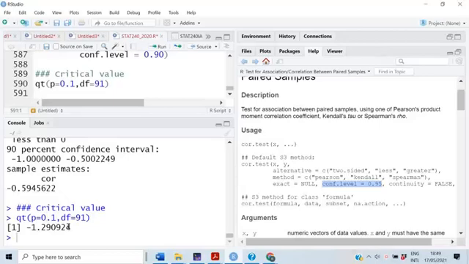The confidence interval is between, and remember this is correlation. Correlation ends at -1, right? So we cannot have an interval that starts from -2 because it is a value between -1 and 1. So you see, the 90% confidence interval is between -1 and 0.5. Does this interval include 0?